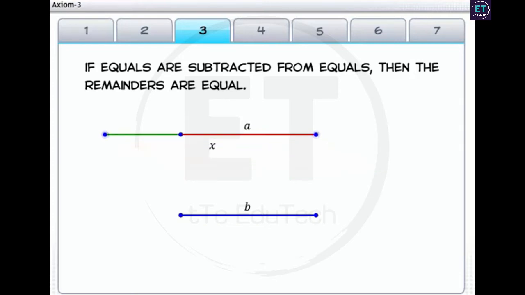If we remove the length of A from the length of X, we get X minus A. Next, let's remove the length of B from X. What we get as a result is X minus B. On comparing the lengths of X minus A and X minus B, we can observe that they are equal. Hence, we can conclude that since the line segments A and B are equal in length, the lengths of X minus A and X minus B are also equal.